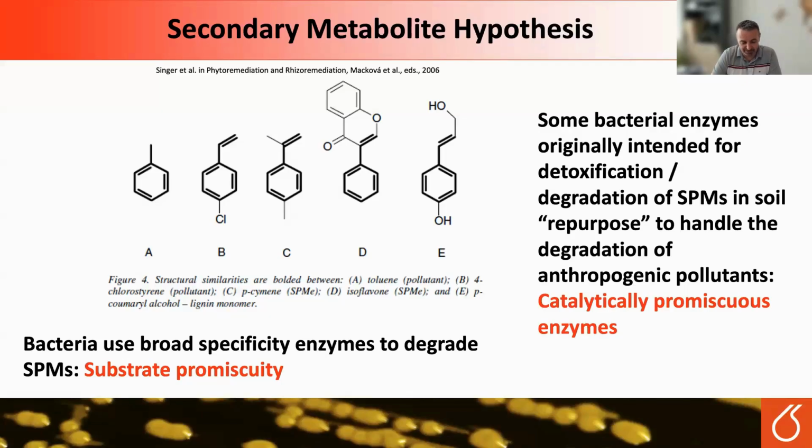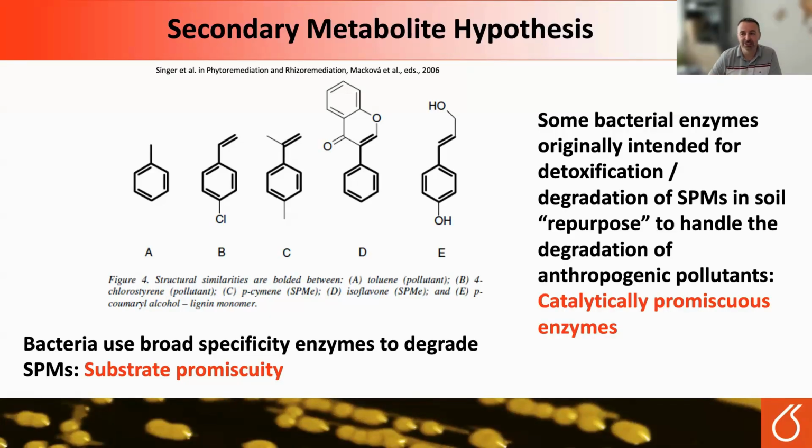The second part of the hypothesis could be that some bacterial enzymes were originally intended for detoxification or degradation of species, and given especially the environmental circumstances, they were repurposed to handle the degradation of anthropogenic pollutants. Then we speak about catalytically promiscuous enzymes.